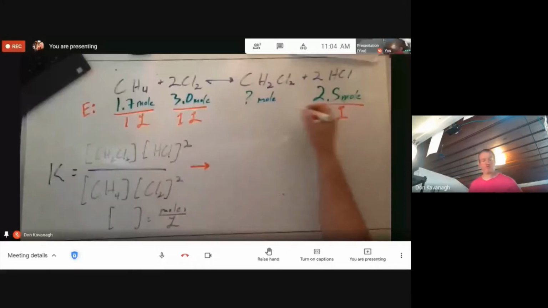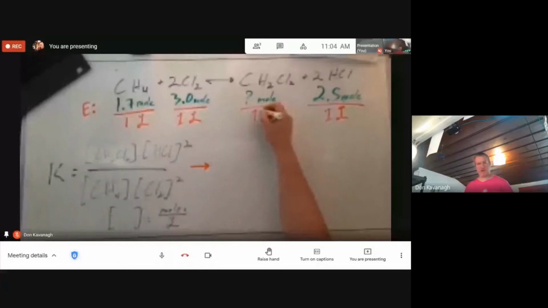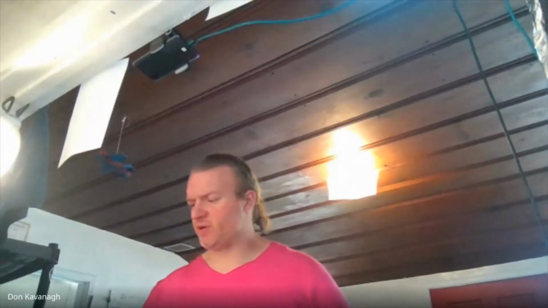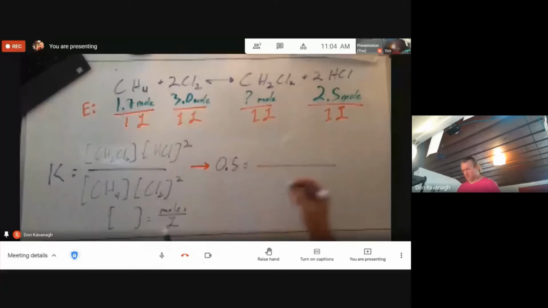We're also told the K value, the equilibrium constant for this reaction at whatever temperature it was run at, equals 0.5. Now that we have the equilibrium expression written using the balanced chemical reaction, we fill in the numbers that we know and try to rearrange and solve for our question mark.